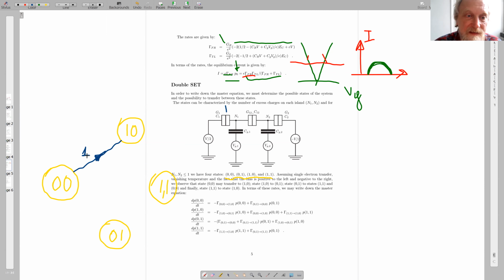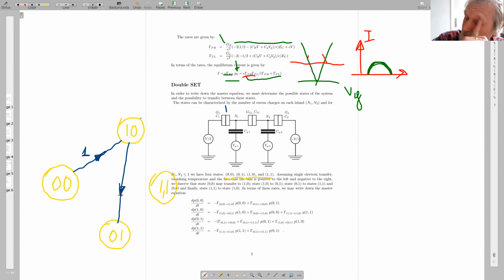What happens further if we have this state? We can go here.